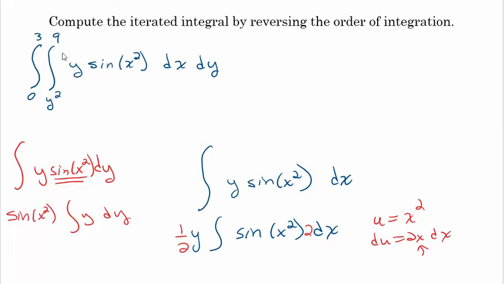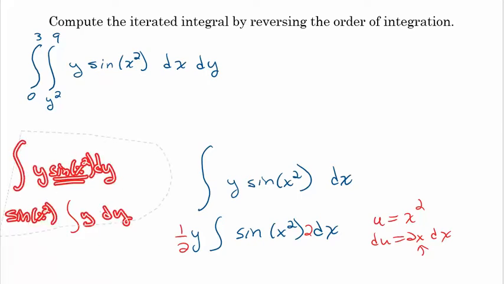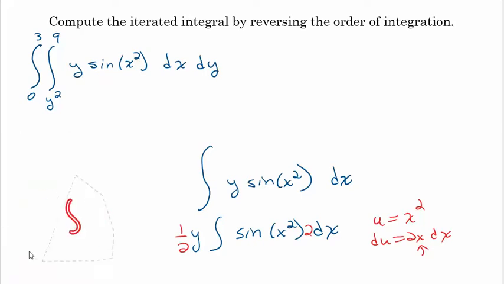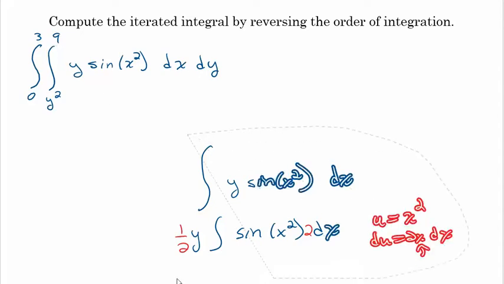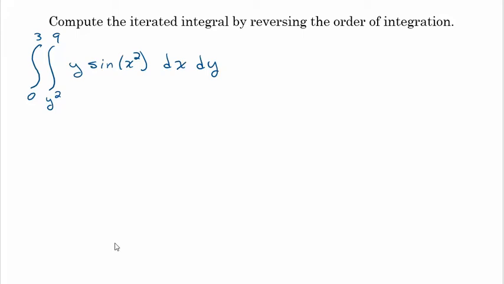This bound of y squared to 9 is for x, and this bound of 0 to 3 is for y. I can't just switch these. It's not going to work like that, okay? Because remember, if we switch them, they would have to be functions of x, not y. So it's kind of an interesting problem, but if we can get them switched, it's going to be a lot easier.